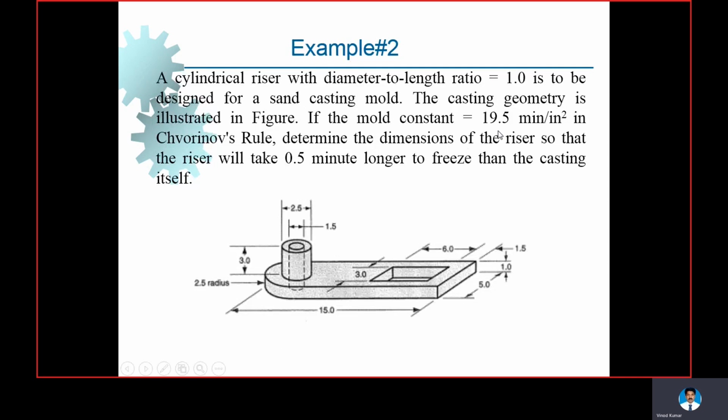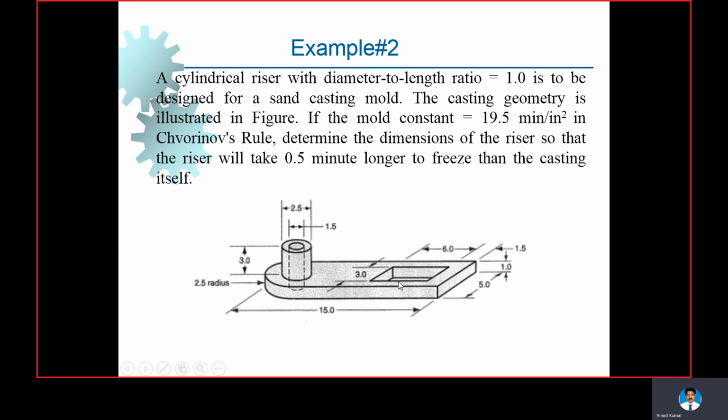If the mold constant Cm is 19.5, determine the diameter, design a riser for this application, find the dimensions, and remember the riser solidification time is 0.5 minutes longer than casting. So the solidification time for the riser is 0.5 plus the solidification time for the casting.